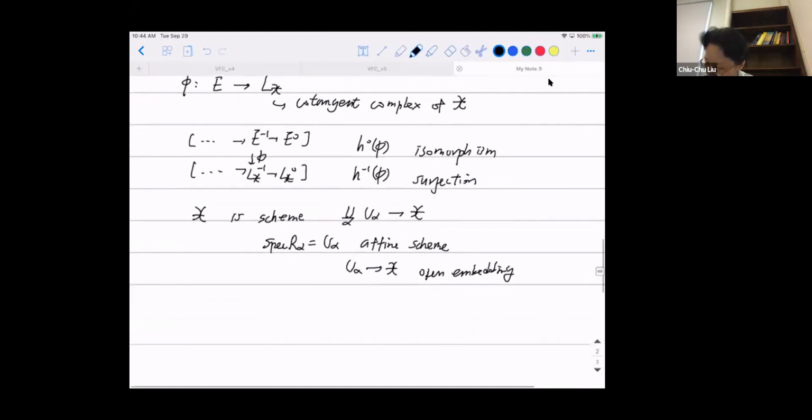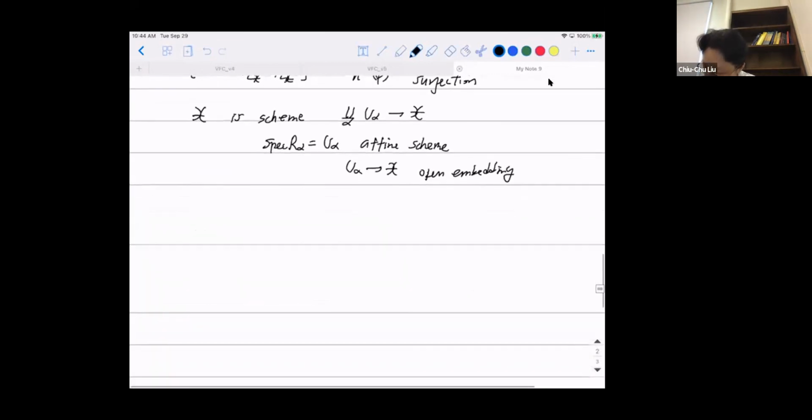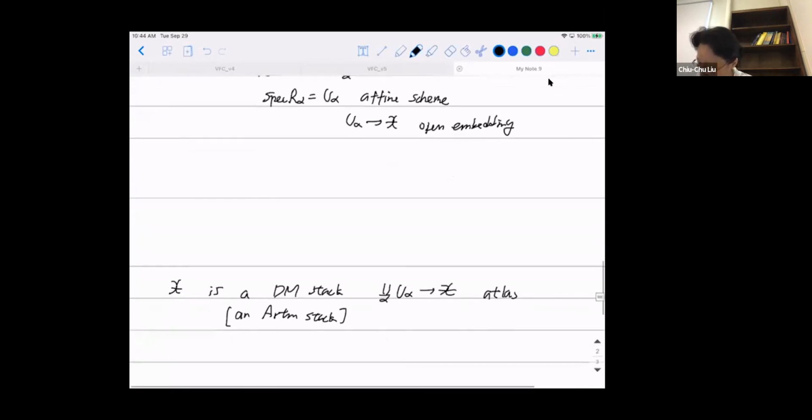So now if X is a Deligne-Mumford stack or an Artin stack, you can have an atlas, where each U alpha is an affine scheme, and U alpha maps to X. In the Deligne-Mumford stack case, this is étale.